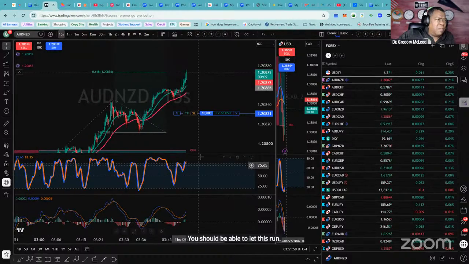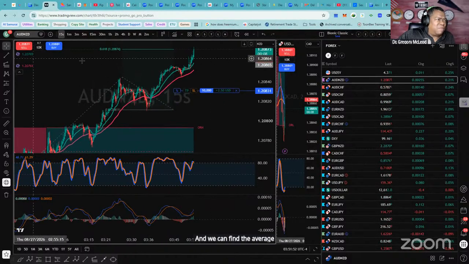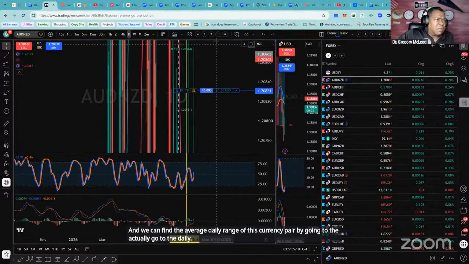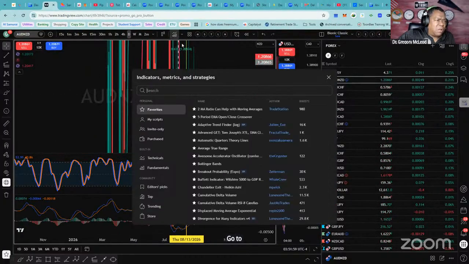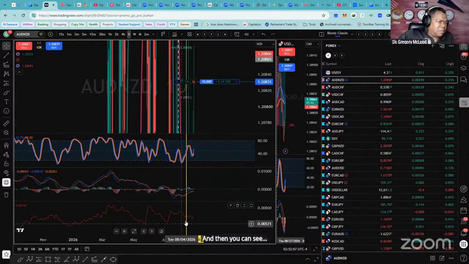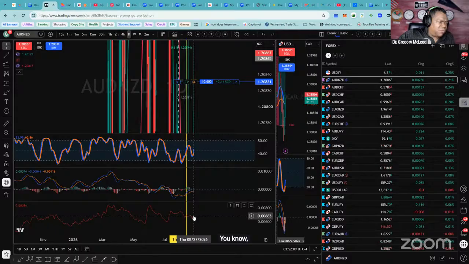We can find the average daily range of this currency pair by going to the daily and going to an indicator called the average true range, and then you can see what the average range is. Here you look at the numbers, it's 0.00684. Ignore the last number. So the average range is 68 pips.